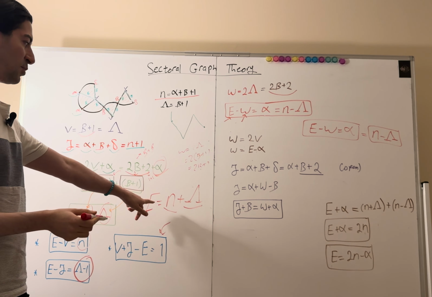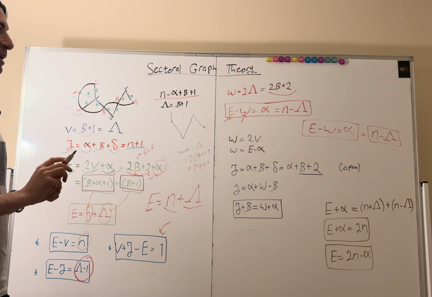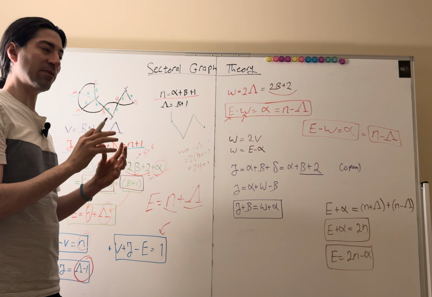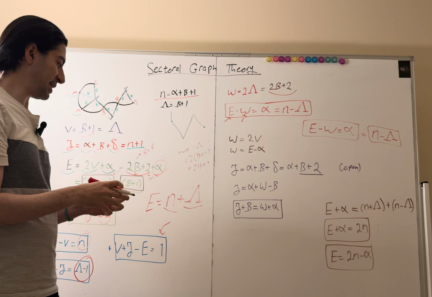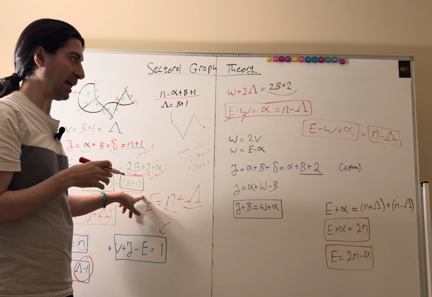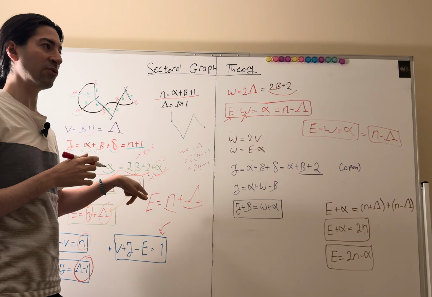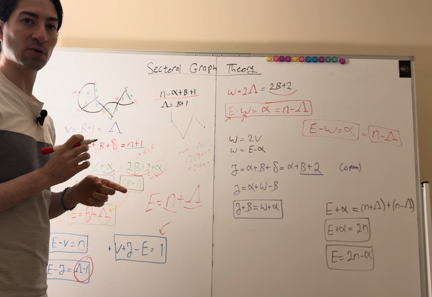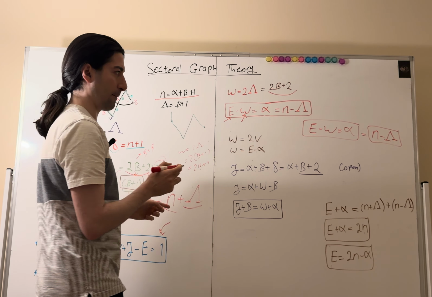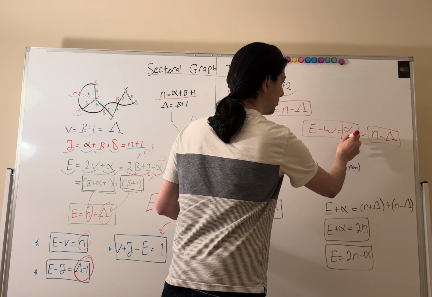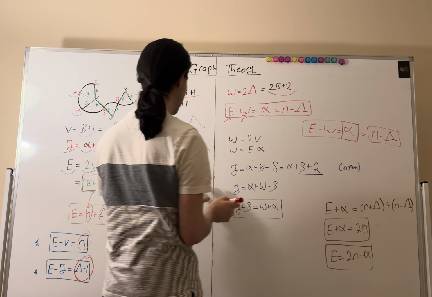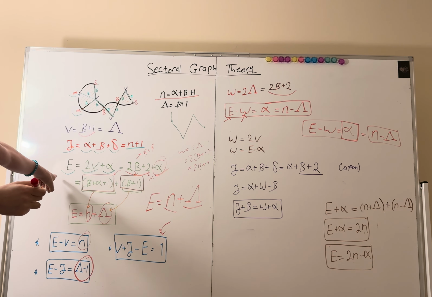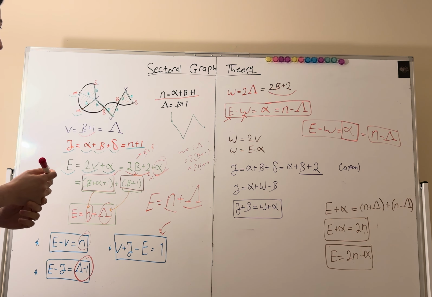Instead of adding them, we are subtracting them. So the sum of the order and the degree of a sectoral structure is equal to E, while the difference between the degree and the order is equal to alpha. And please feel free to do this algebraically using the equations we have here to arrive at this.